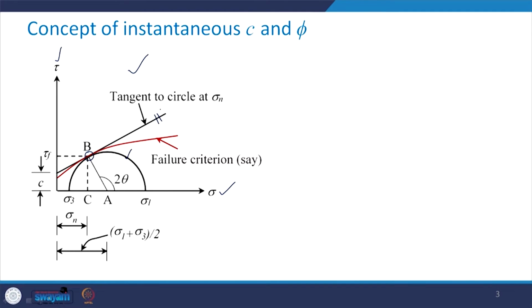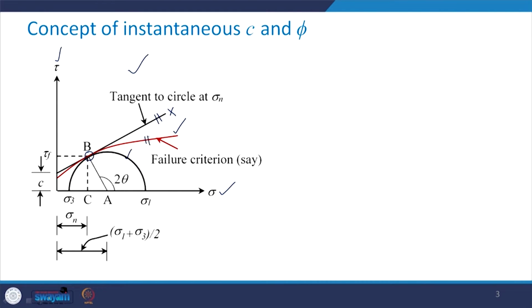But when I conduct a few more tests at different values of sigma 3, I see that the actual failure criterion is not this linear one, but it is this one represented by the red curve here.